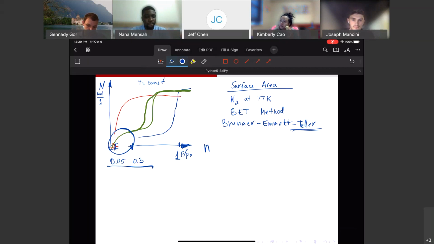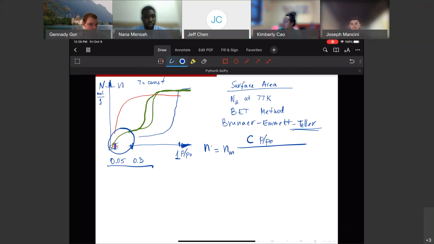I'll call it n small, so it can be n capital or n small, equals the amount adsorbed in a monolayer times C. I'll tell you what the meaning of C is.